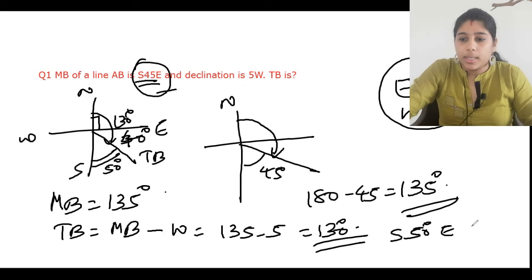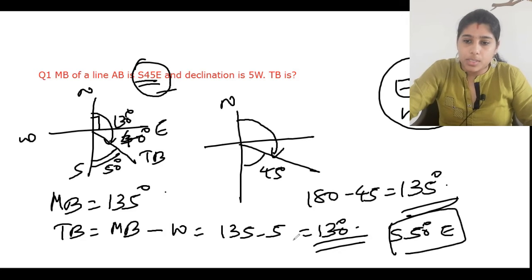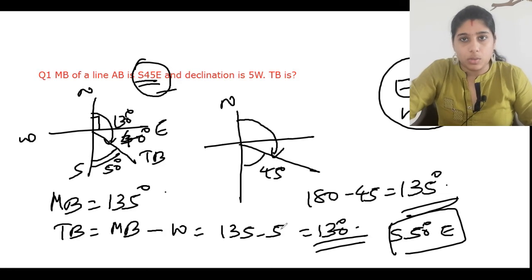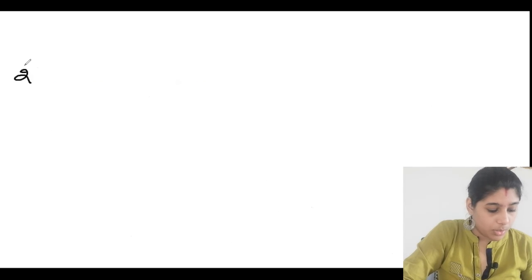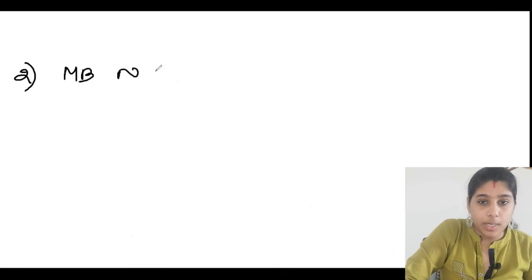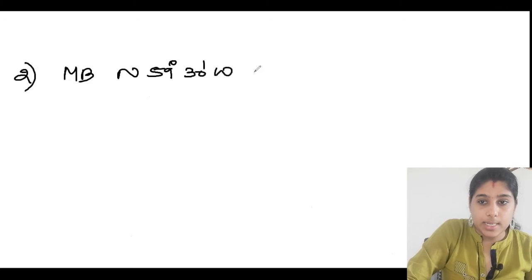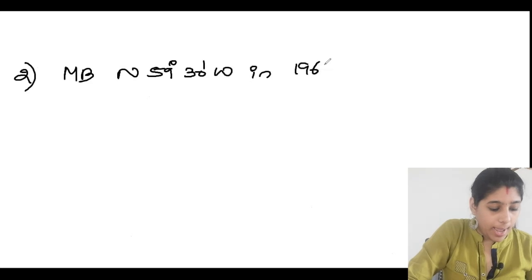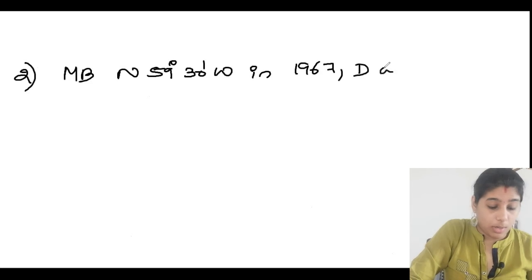Understand? So first you can do like this, otherwise directly as I showed before, that method also you can apply. What is question number 2 saying? Magnetic bearing of a line is north 59 degree 30 minute west in 1967, and at that time the declination was 4 degree 10 minute east.